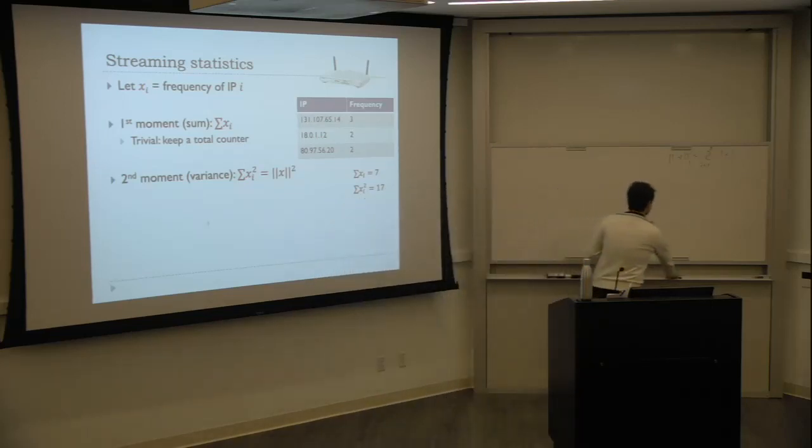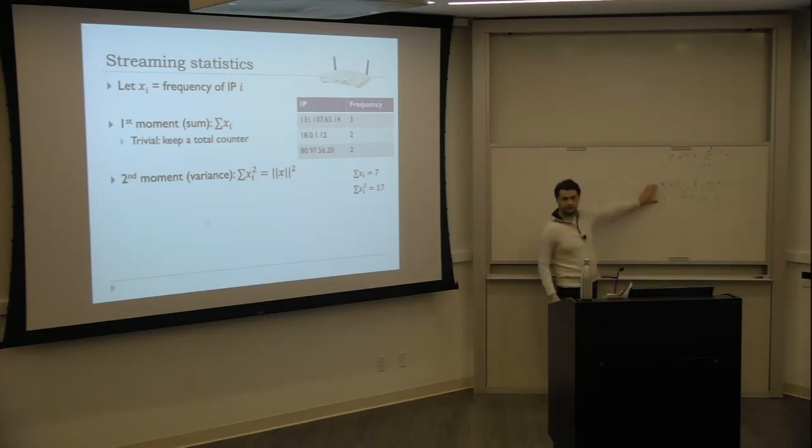Right, so just to make it simple, if x is equal to, let's say, 1, 1, 2, 0, 0, and so forth, versus x equals 2, 1, 0, 0. Both of these have the same L2 norm squared, which is 5. The second moment is 5.